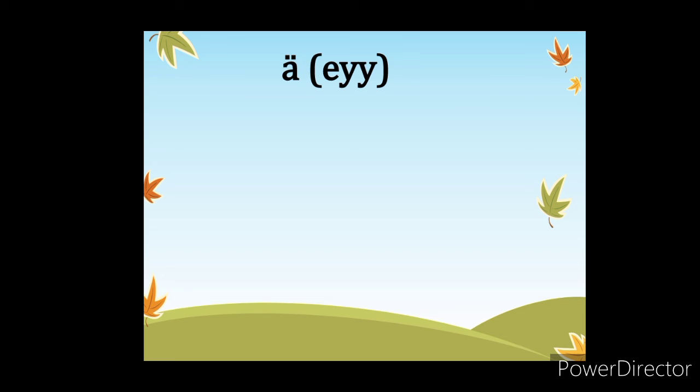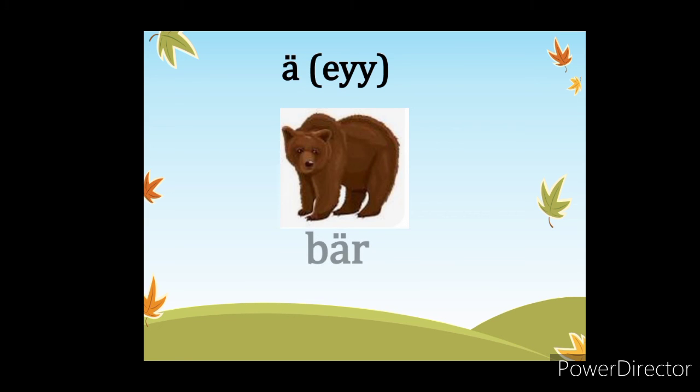These umlauts are A umlaut, O umlaut and U umlaut, and one which is seen as B but it is not B. So there are 4 umlauts which are followed by 2 dots above them except the last one. So A umlaut sounds A, like in Bär, bear.